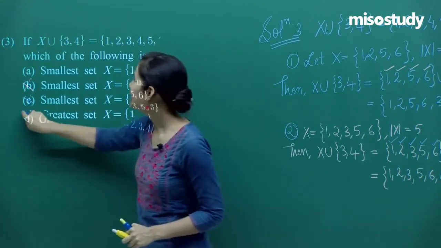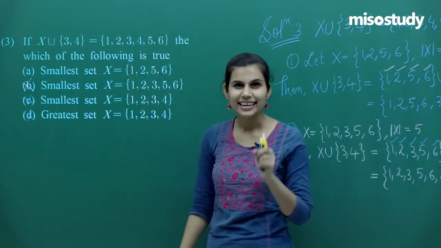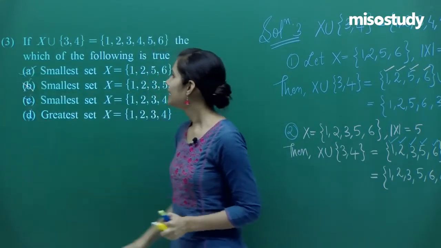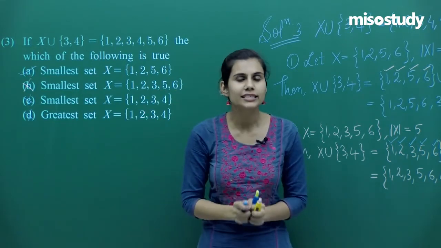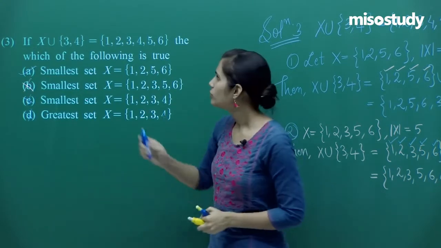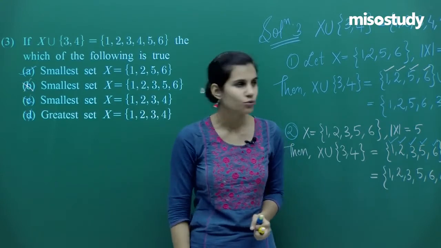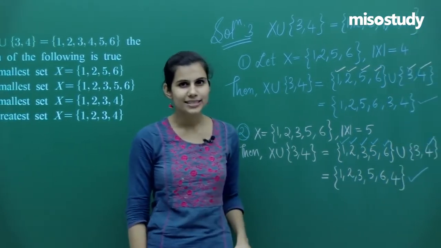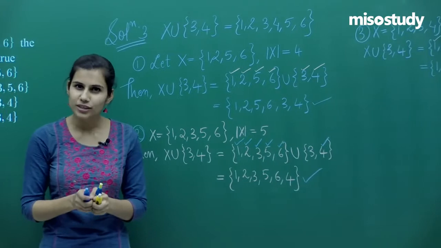And therefore, D is also wrong. The correct option is A. This is how we land up in finding the smallest set x which is going to make this relation true. Note this down with a thorough understanding and be braced up to move to the next question.